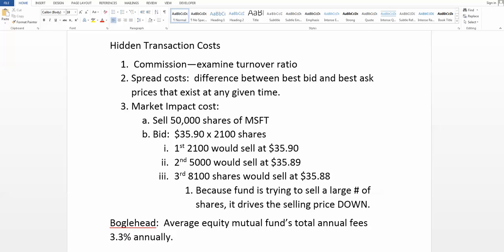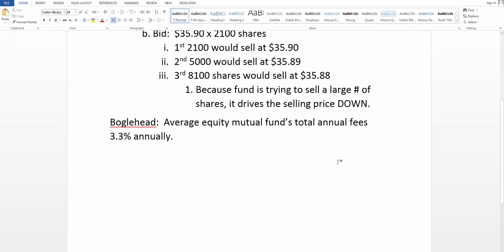That's actually quite a huge number. I want to go through an example and show you how it works against us, especially over a long time period if we're saving for retirement.